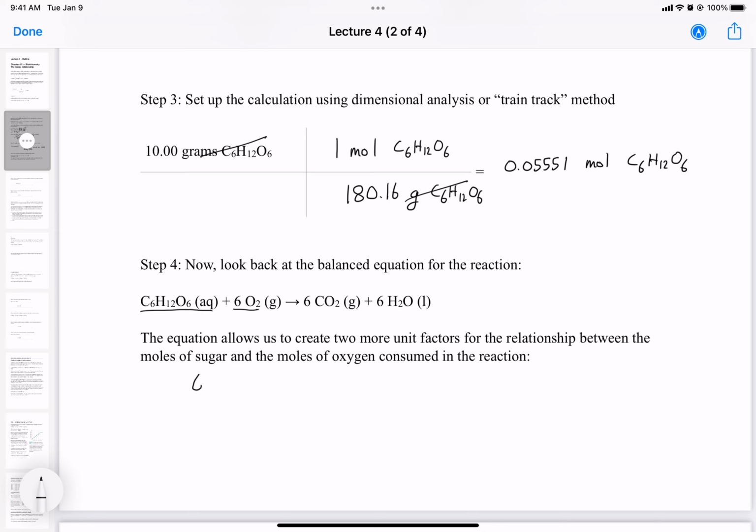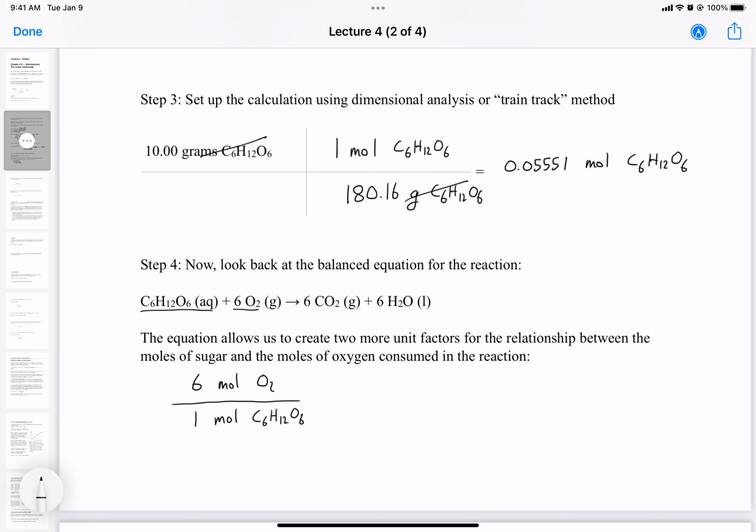So 6 moles O2 will react with every 1 mole of glucose. And if we're going from moles of glucose and we want oxygen, this is the ratio we want to use.